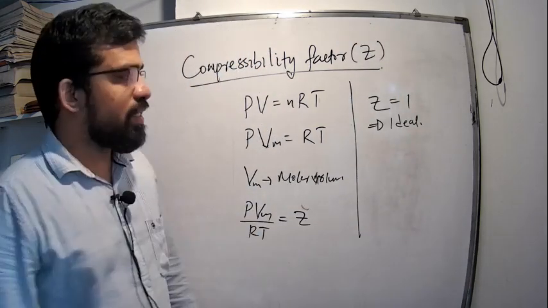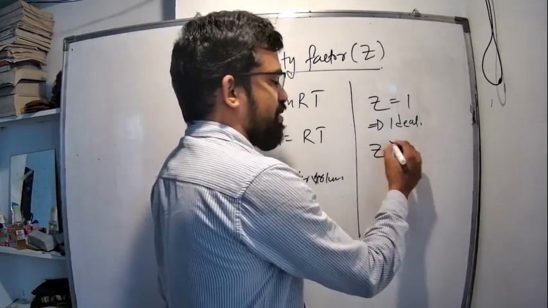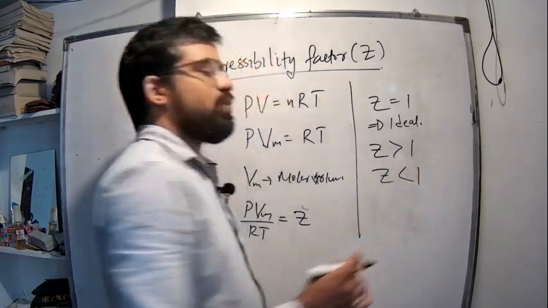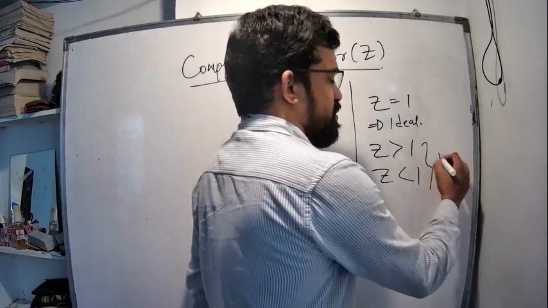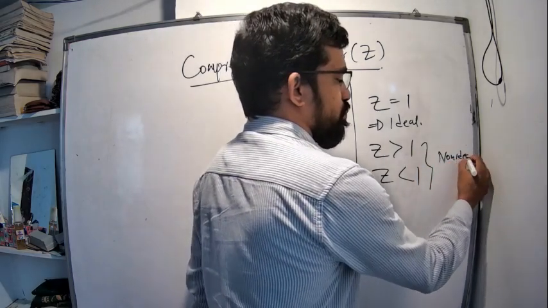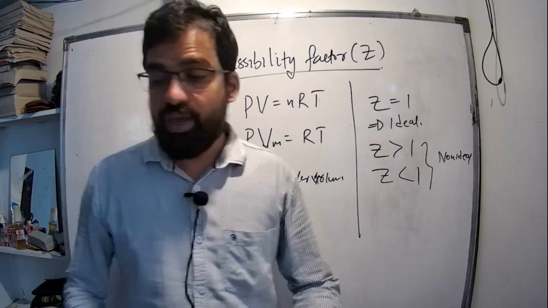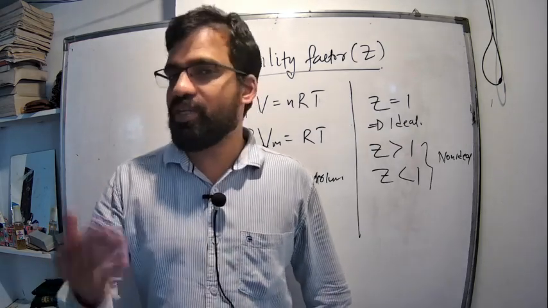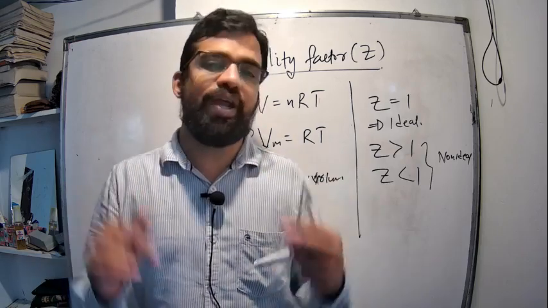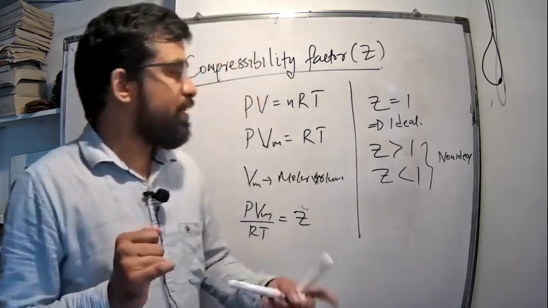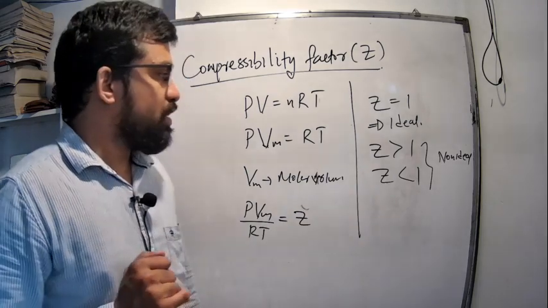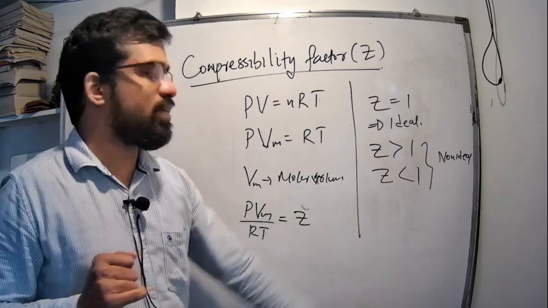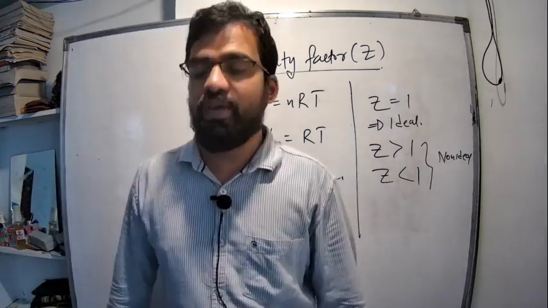Now, there are two other conditions: Z can be greater than 1 or Z can be less than 1. These two conditions we say are non-ideal behavior. So, Z equal to 1 is ideal, and Z less than or greater than 1 means non-ideal behavior.